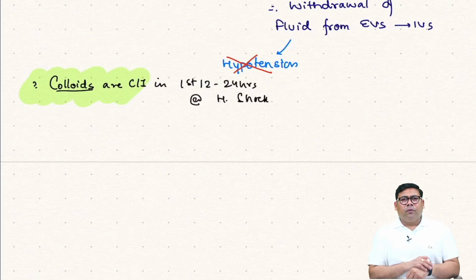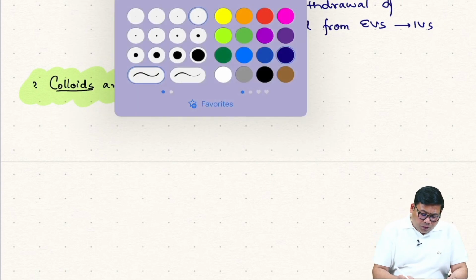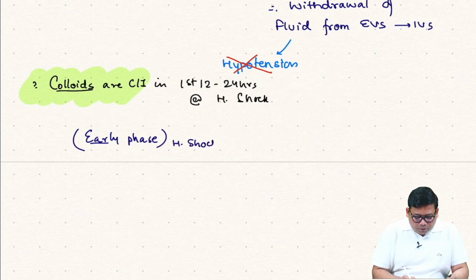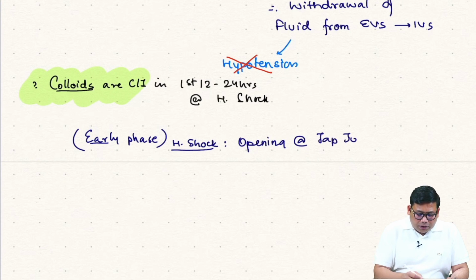But still I will tell you in a nutshell: do you know that in the early phase of shock, and that too hypovolemic shock, what is happening? There is opening of gap junctions, and since there is opening of gap junctions, there is a tendency of this colloid to leak out into the extravascular space.